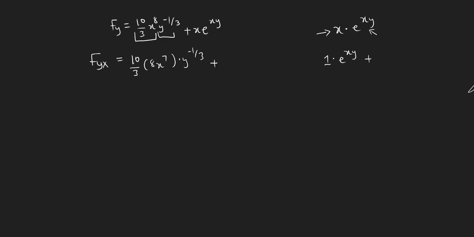Then plus, I'll now keep x and then I'll differentiate e to the power xy. So that gives me e to the power xy multiplying by the derivative of xy with respect to x, and that will give us y. So then we are going to have e to the power xy plus xy multiplying e to the power xy.